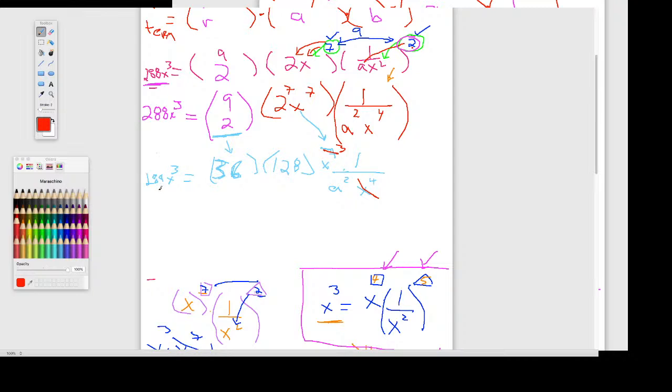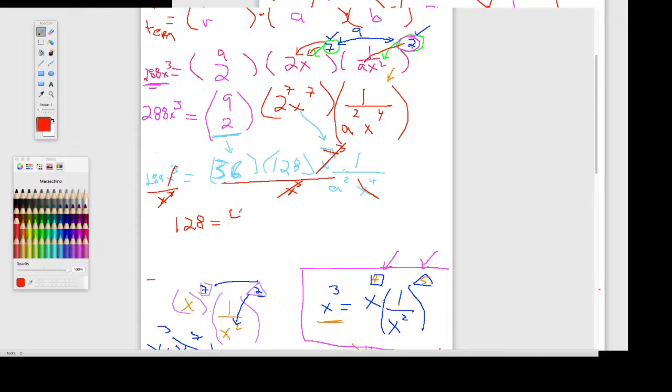And now most of you should realize that if you divide both sides by x cubed, the x cubes all go away, and now I'm left with this 128 equals 36 times 128. So let me just do that on my calculator. 128 times 36, some massive number.